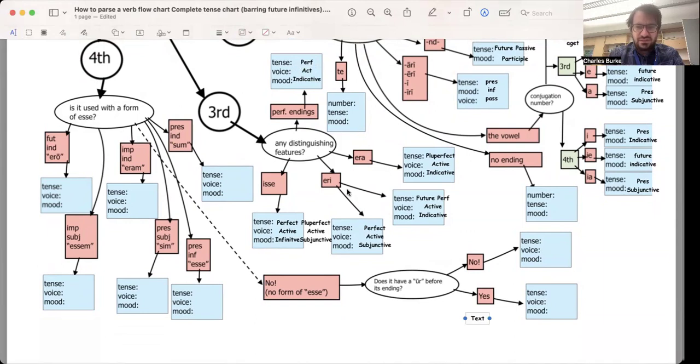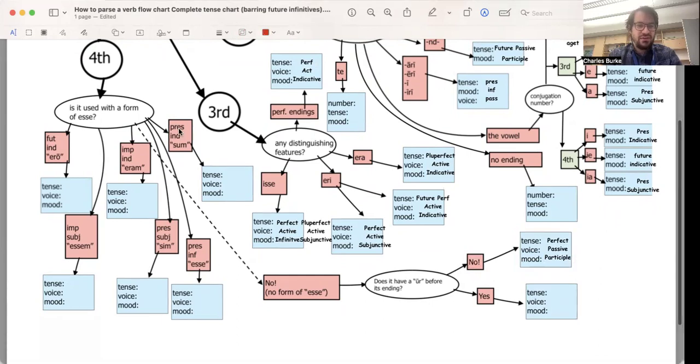But very simply, if you have the present indicative sum, think of the fourth principal part on its own as the perfect passive participle, which I'm writing down here, because is it used with a form of esse? No, it's not. And does it have an ER? No, it doesn't. That makes it the perfect passive participle. That's what it is on its own.